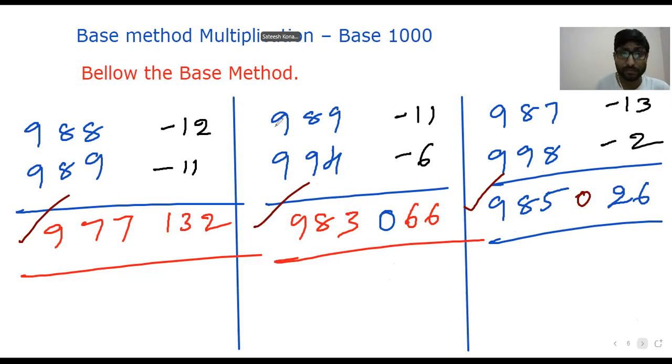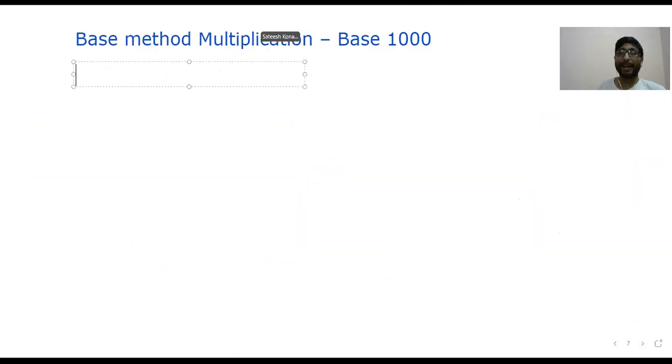Similarly, above the base method. Okay? This is also the same. The base number is 1000 in the above-the-base method.